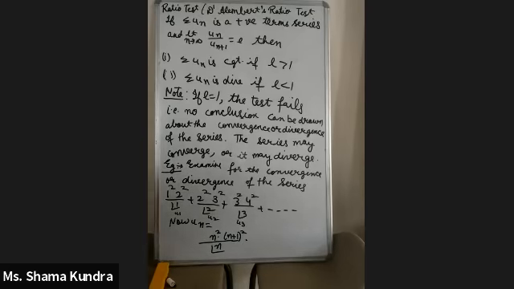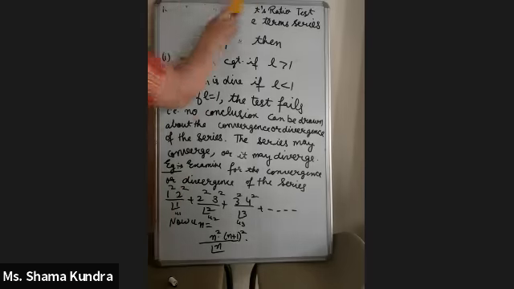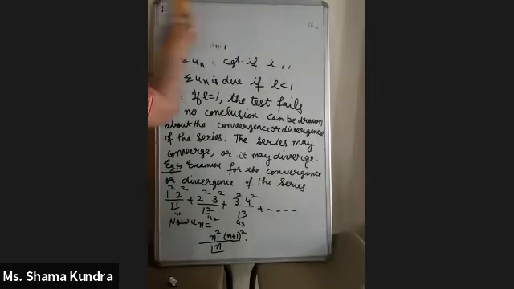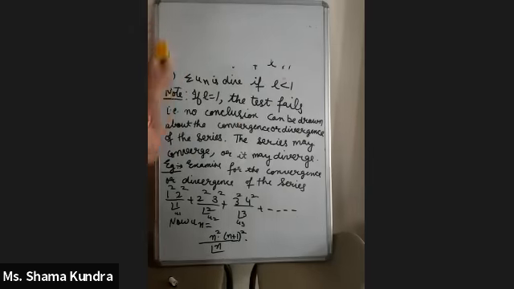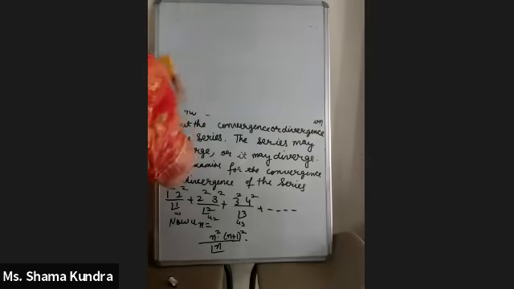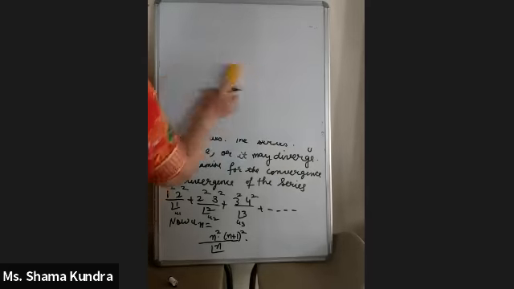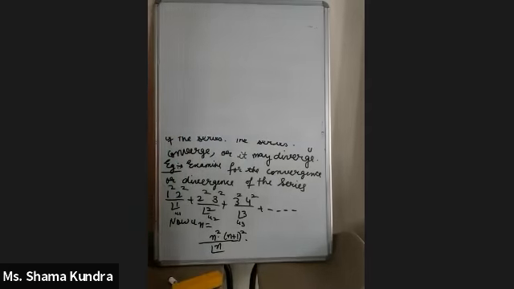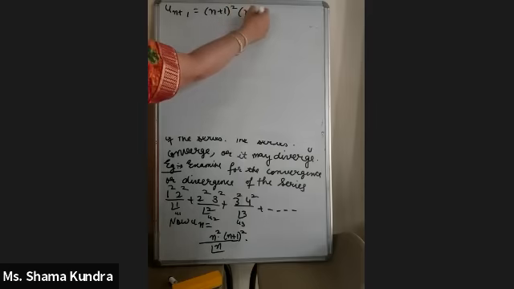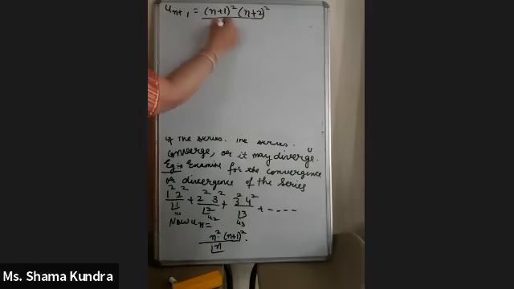What will we get? un plus 1 equals n plus 1 square, n plus 2 square upon factorial n plus 1.